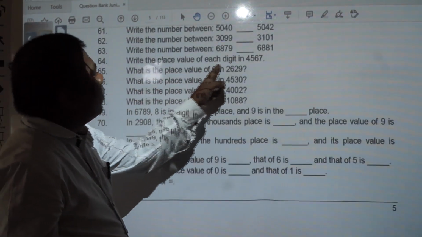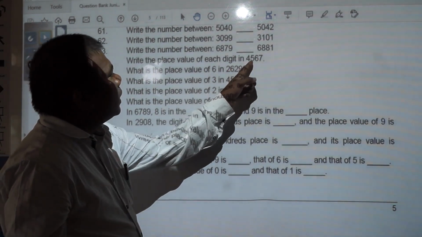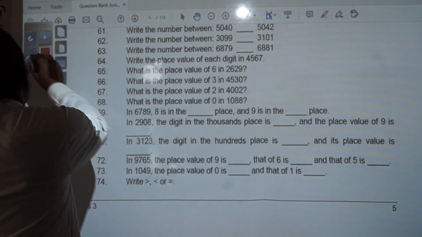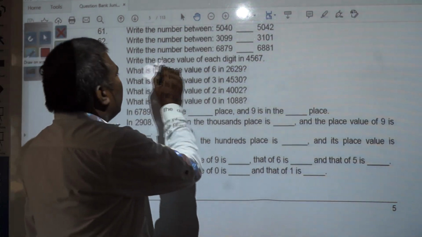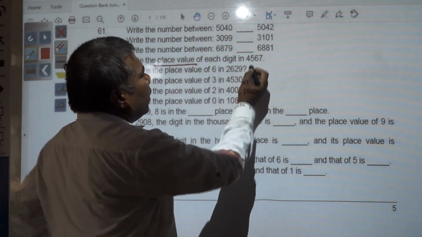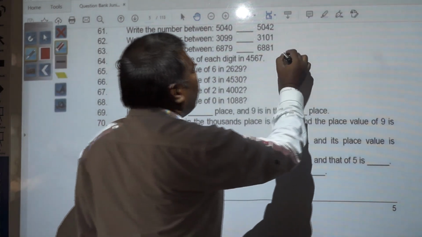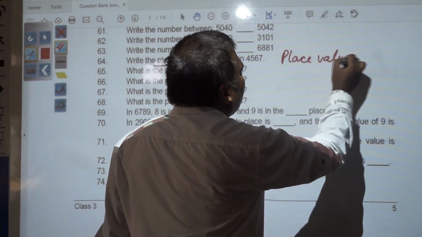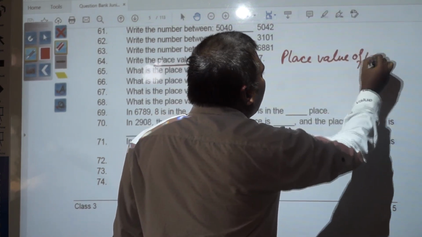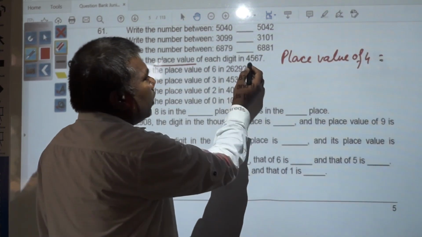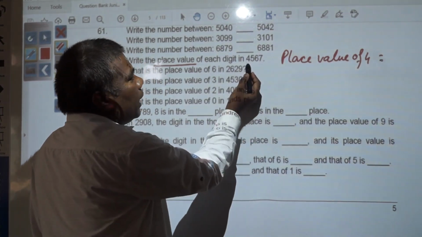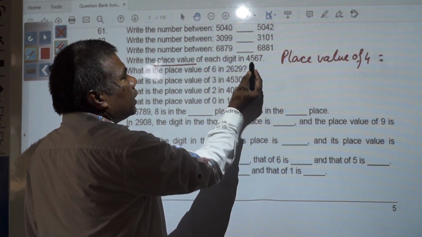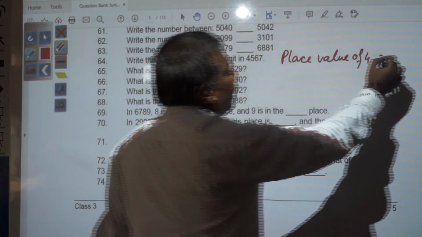Write the place value of each digit in 4567. Place value, again, already you have learned, but then also you see here the place value of 4 in this number will be 4000, because which place is this 4 occupying? Ones, tens, hundreds, thousands place.